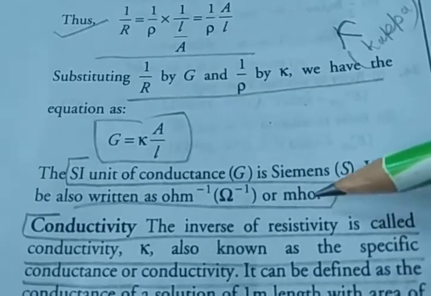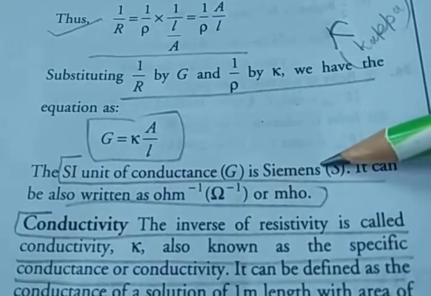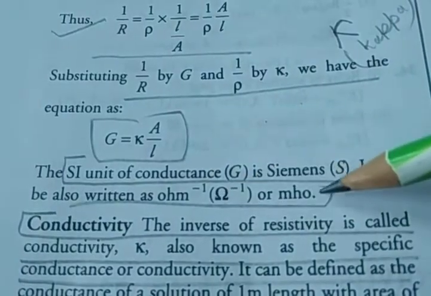So there are 3 units: Siemens, ohm inverse, otherwise mho.